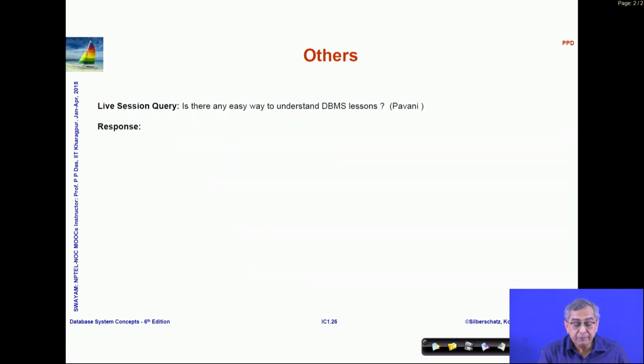Is there an easy way to understand the DBMS lesson? Pavani, there is no easy way, there is no free lunch in life, Pavani. There is no easy way to do anything which has a good reward. So if you have to understand database well, you have to first study the DBMS well.